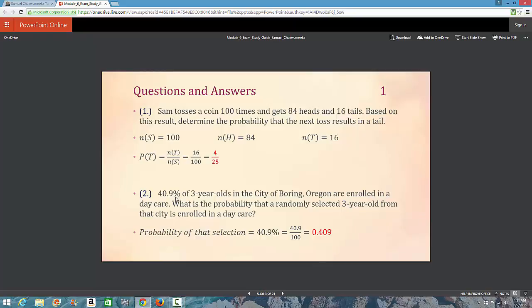Like we talked about in the introduction to probability, probability can be expressed as a fraction or decimal or percent. In this case, the probability is expressed as percent, but you just convert it to decimal by dividing by 100. So that gives you 0.409.